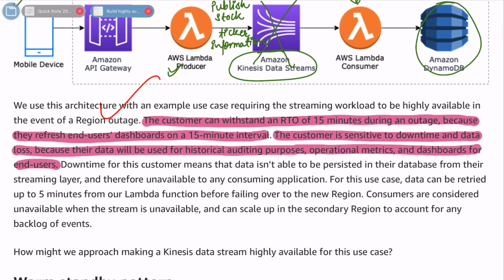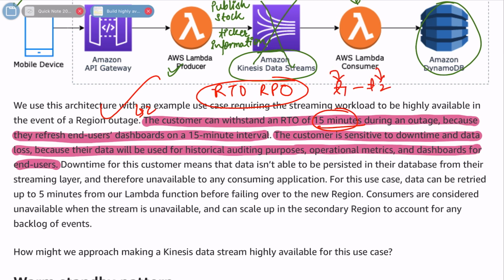Okay, so in our idea, I mentioned that we have to come up with the values of RTO and RPO, right? What are the values of RTO and RPO that you can sustain? So for our requirements specifically, the customer can withstand an RTO of 15 minutes. This is the time for RTO, like T1 minus T2 for when the systems come back online.